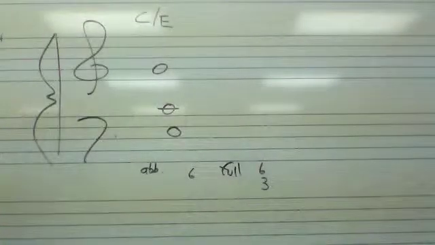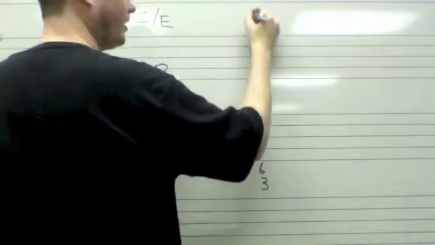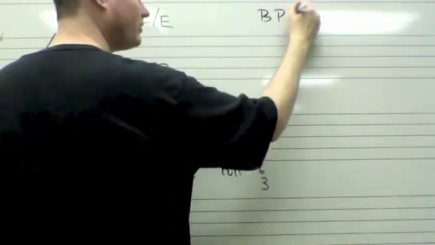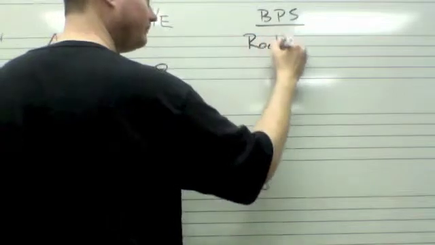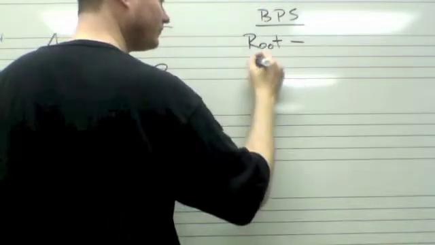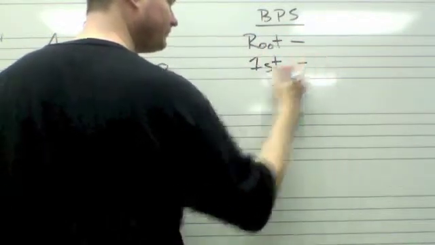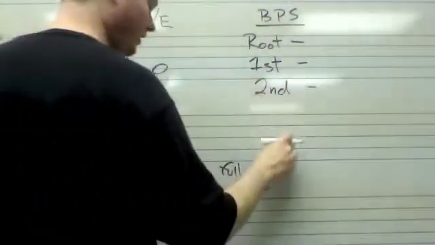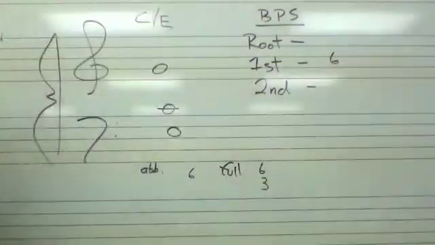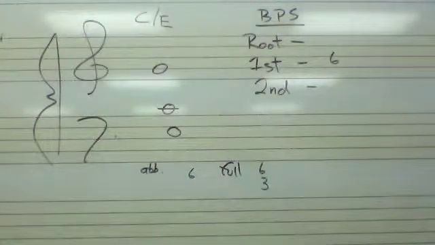Let's make a nice little chart over here for bass position symbols: root position, first inversion, second inversion. Still only triads. So first inversion is abbreviated with a 6.